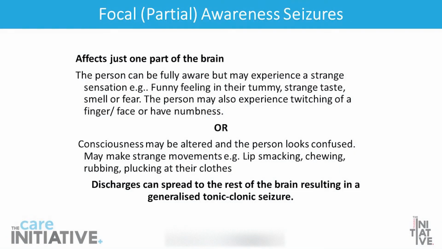Frontal lobe seizures may present with twitching or numbness in the limbs, whilst occipital lobe seizures will most likely cause visual disturbances or hallucinations. For some people, focal awareness seizures are referred to as warnings or auras, as this type of seizure has the possibility of spreading to the second hemisphere of the brain to cause a generalised seizure, in what is referred to as focal to bilateral tonic-clonic seizures.